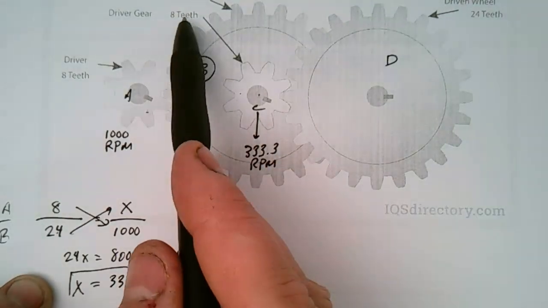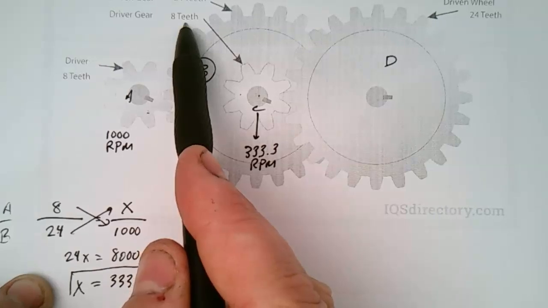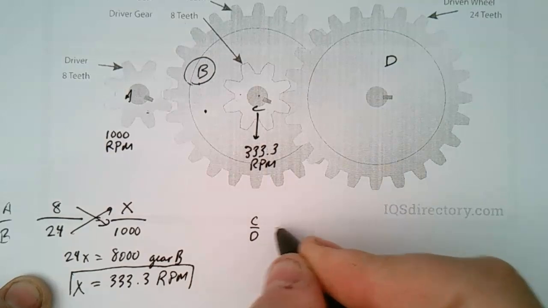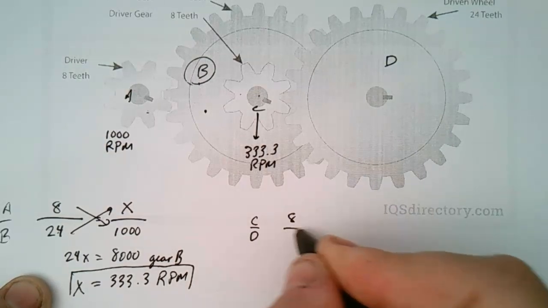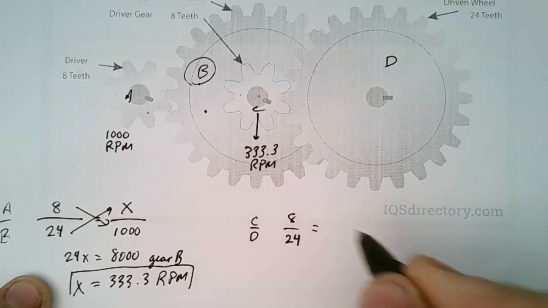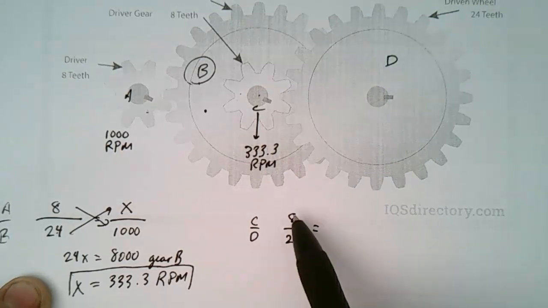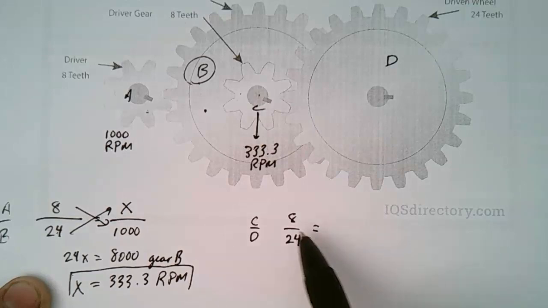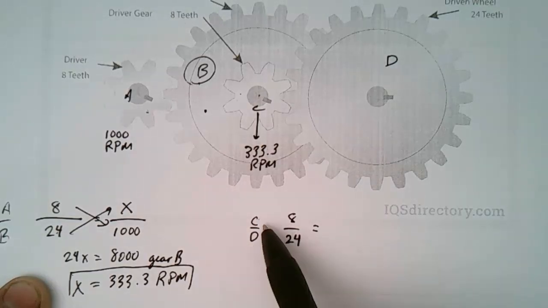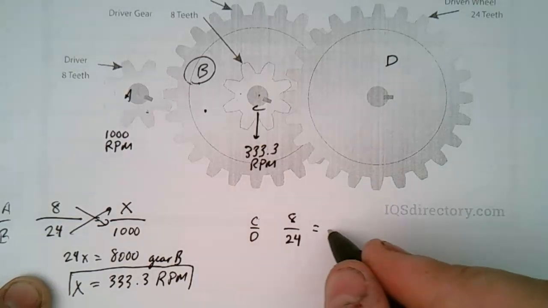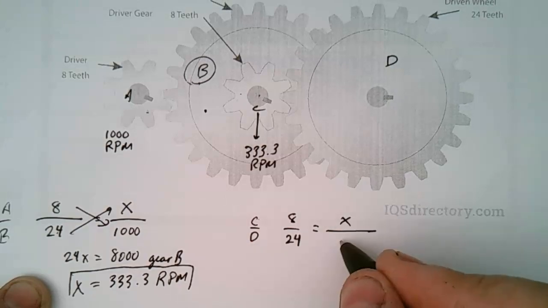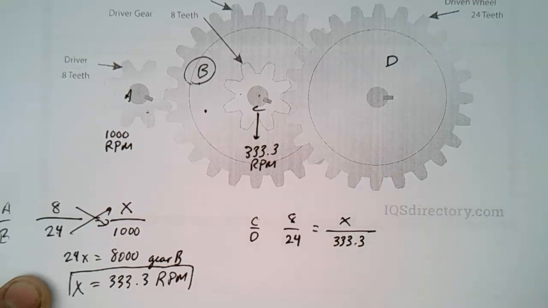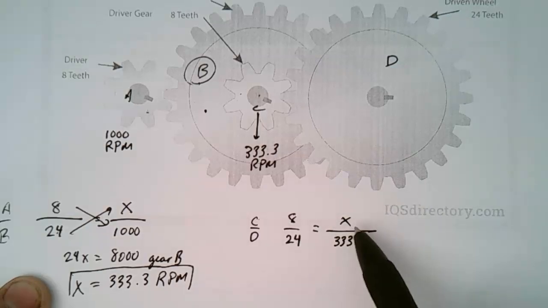Okay. So now I take gear C. Gear C has 8 teeth. So I say C over D. I'm going to say 8 over 24 equals, and a direct proportion would be C over D equals C over D. But an inverse proportion is going to be C over D equals, and then you're going to flip it and put D over C. So speed of D is unknown.